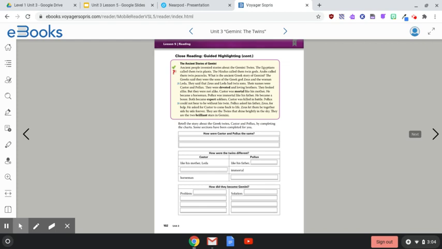Now retell the story about the Greek twins, Castor and Pollux, by completing the charts. Now finish the selection by reading "Look Up" aloud.